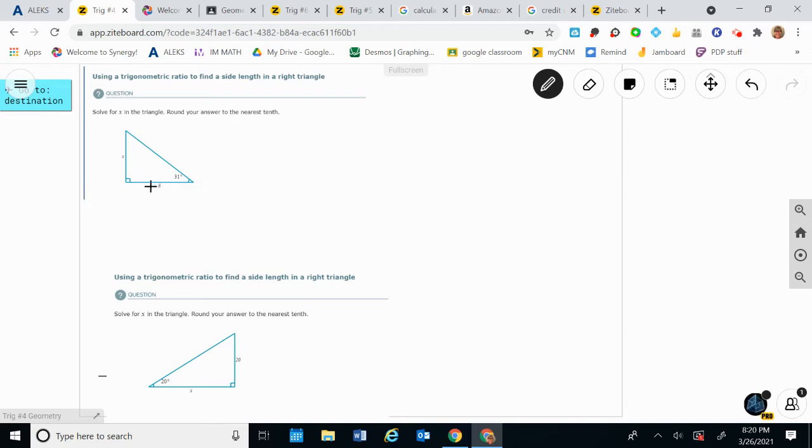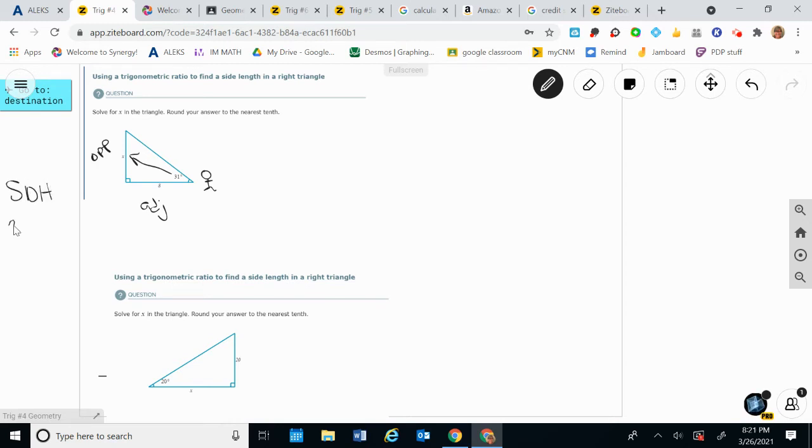What you want to do is, you've got an angle. You can figure out the other angle and stand there if you wanted to, but since they gave you this one, it's easier to stand here. Identify the sides. You've got the opposite, and you've got the adjacent.